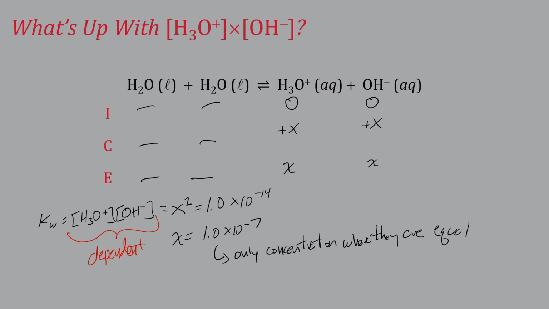And since their product is the same, if one goes up, the other one has to go down and vice versa. And using this relationship right here, if you're given the concentration of one of these species in an aqueous solution, you know the other one. And this is a very powerful tool and one you'll be expected to use from here on out in example problems.